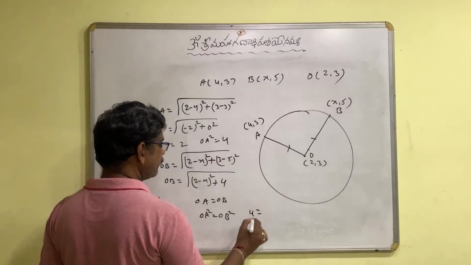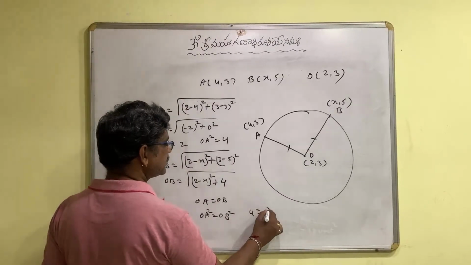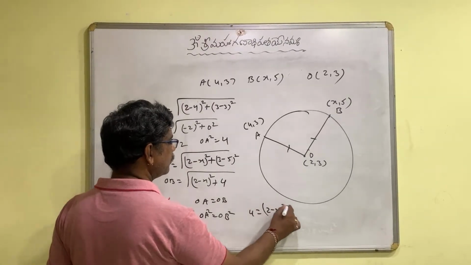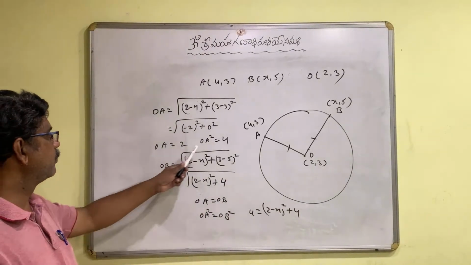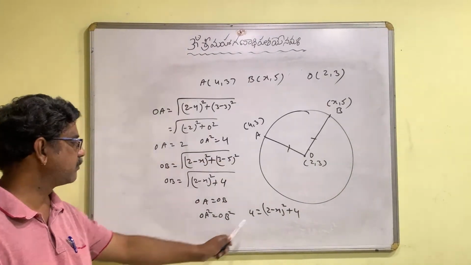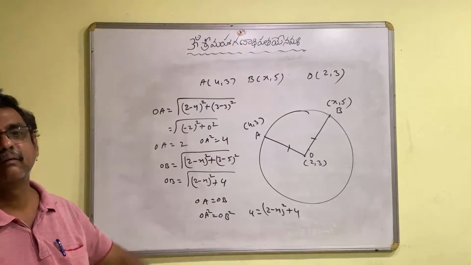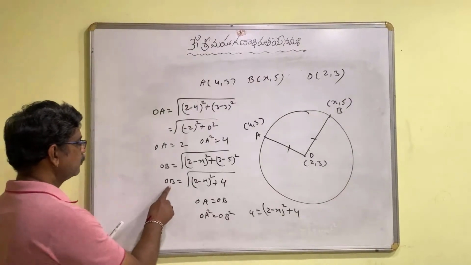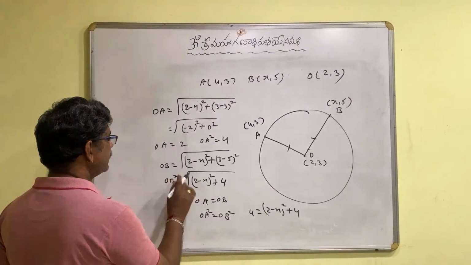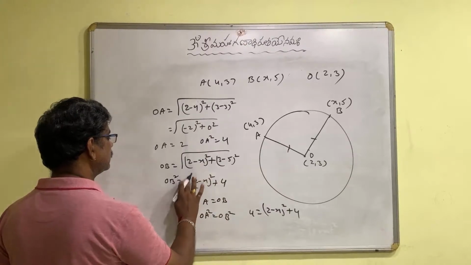OA square is 4. So 4 is equal to OB square, which means (2 minus x) whole square plus 4. We cannot write the square root for OB square. OB is this one, then OB square is this one.